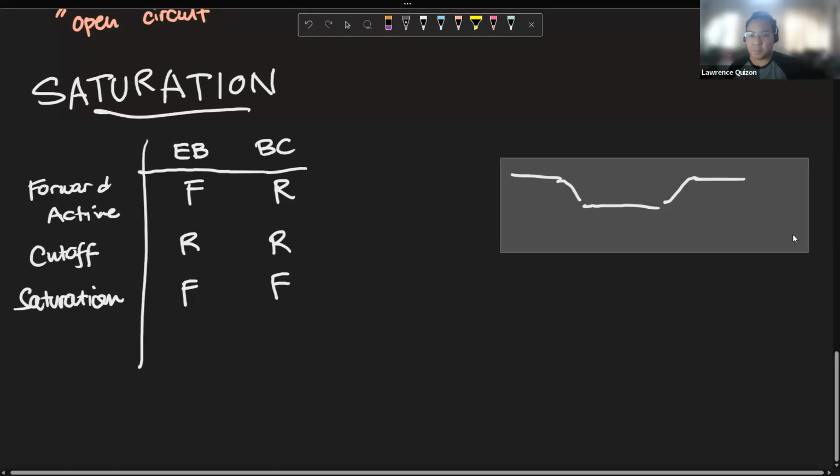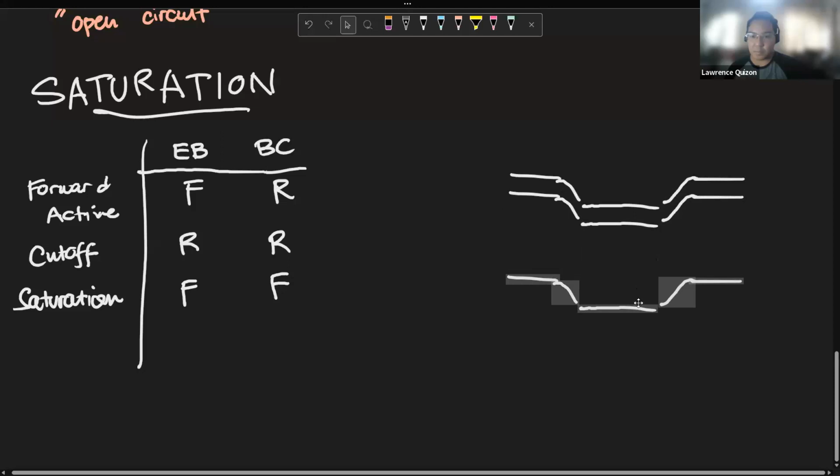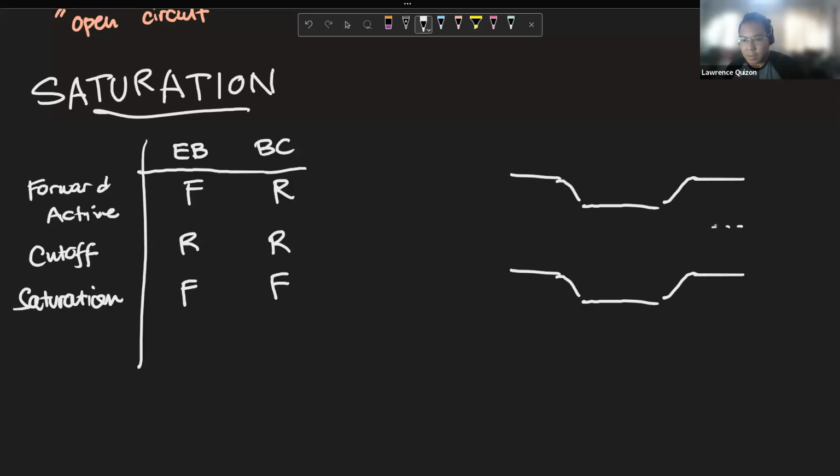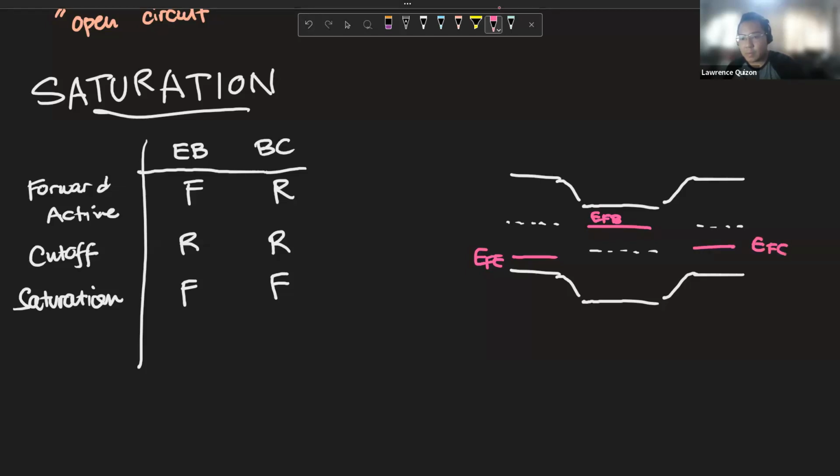And then let's label this one. So our EFs, relative to the flat energy band diagrams, would still be here. So this is your EFE, this is your EFB, and this is your EFC.